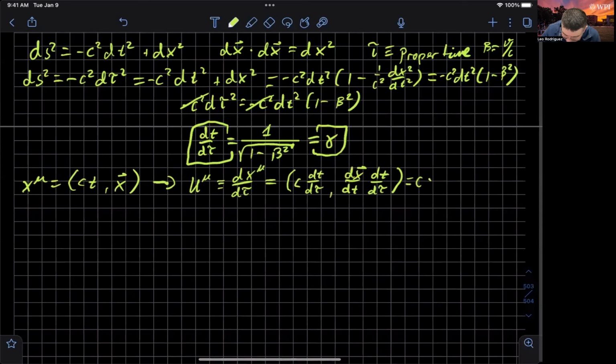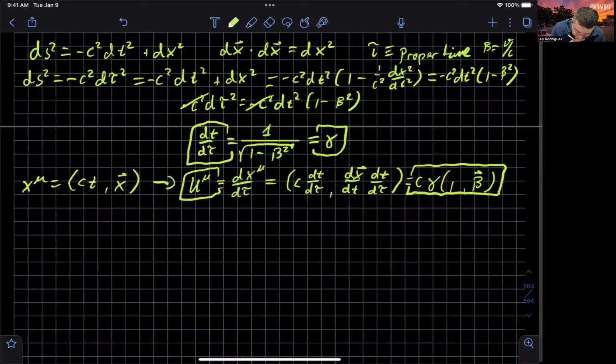So I'm going to factor that out as gamma, and I'll have 1 here. If I factor out a c here, I have to factor out a c over here, so I have the velocity over c, so that'll be beta. But it's my 3 velocity, so I'll give this beta a little vector sign to tell you it's the ratio of each component of the 3 velocity over c. So that's nice. That's our 4 velocity.